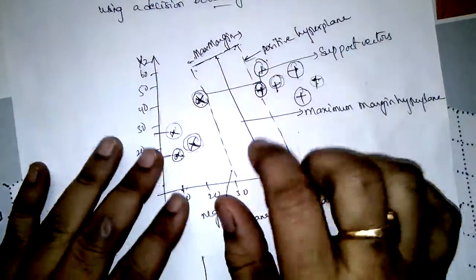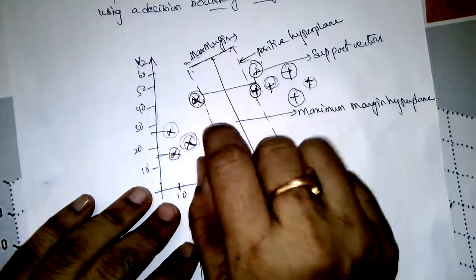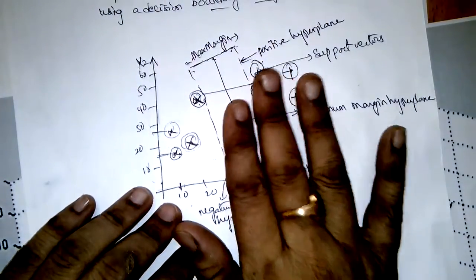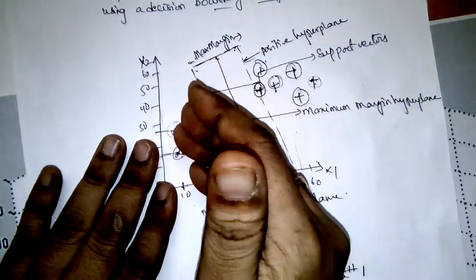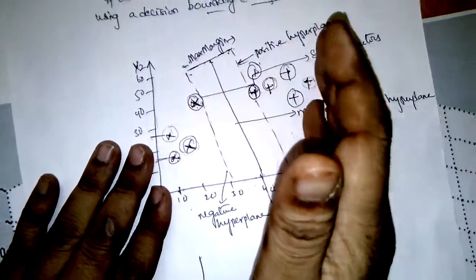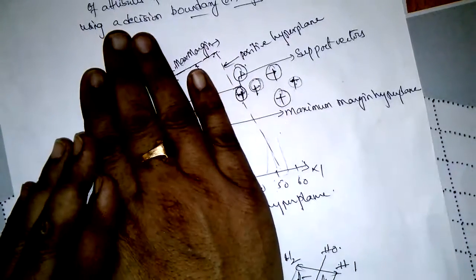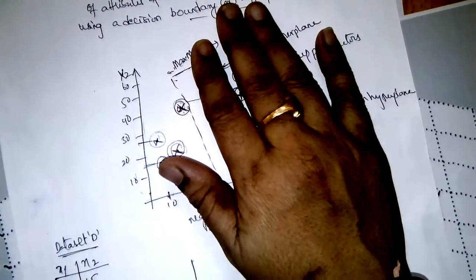This type of plotting of vectors in an n-dimensional space lets us linearly separate these two classes. This belongs to one class, and all this will belong to another class.